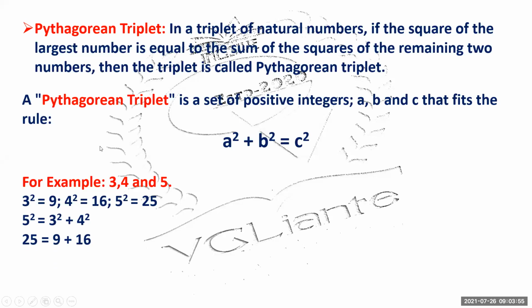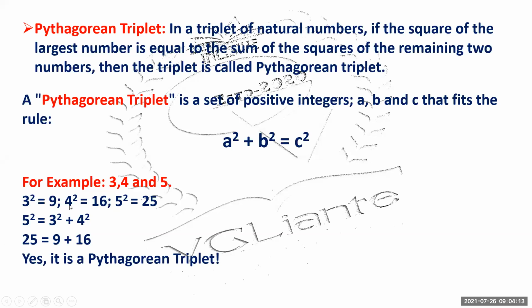So 25 equals 9 plus 16. So yes, it is a Pythagorean triplet. See, these compulsory questions do come in your examinations, and these questions are very simple to solve.